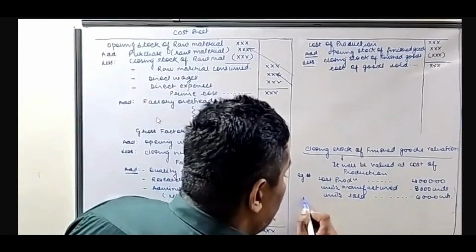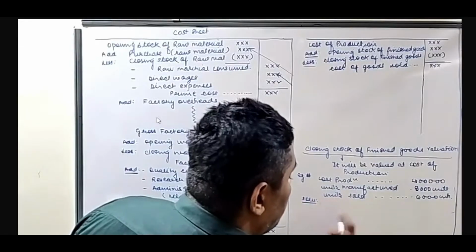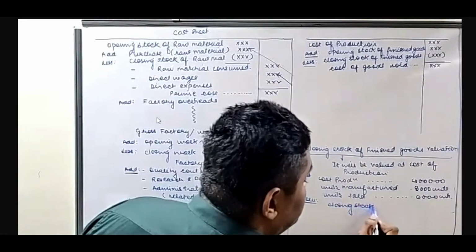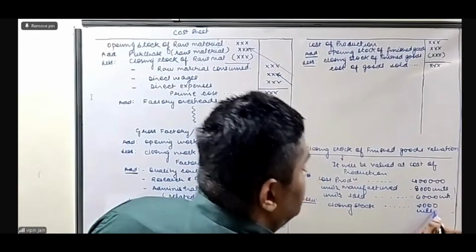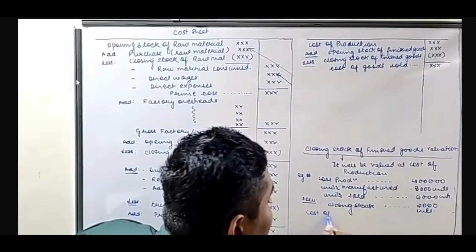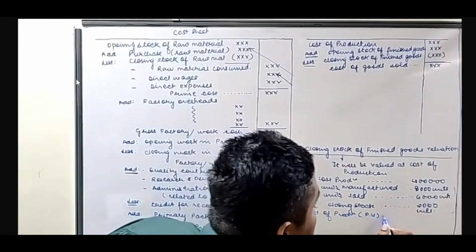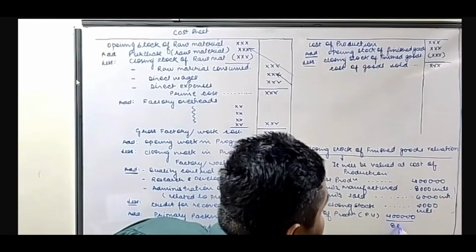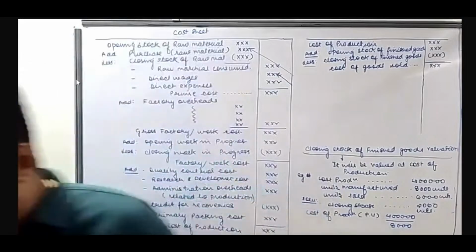It means closing stock will be of how many units? 2,000 units. Now see, the cost of production per unit will be how much? We manufactured 8,000 units and the cost is 4 lakh. So 4 lakh divided by 8,000.